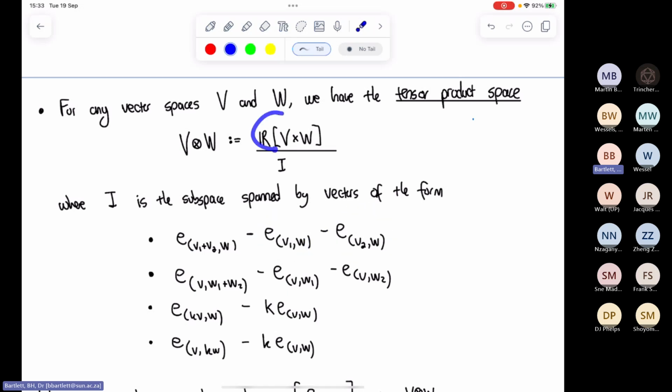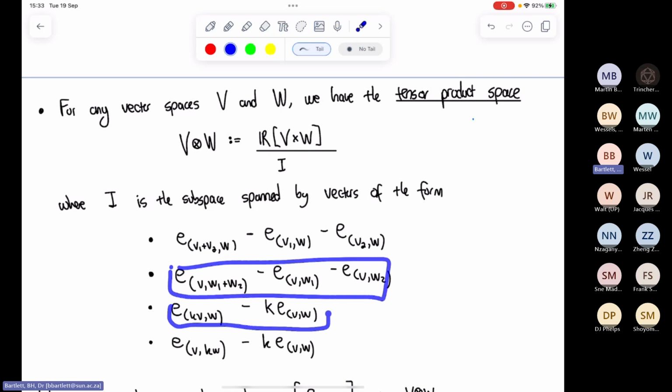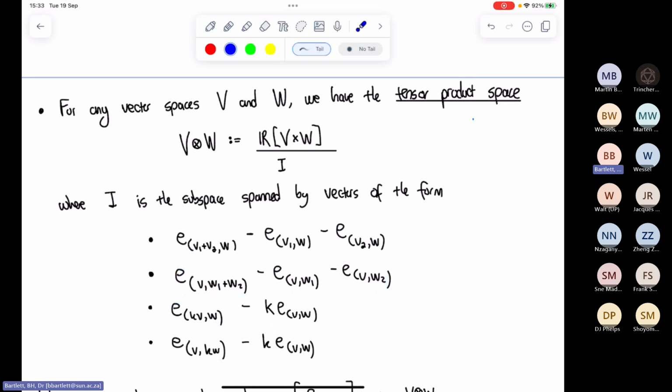Since I'm living in this space here, I can take formal linear combinations of these vectors, right? And I consider this, and similarly, this one here, and this one here. I can consider the subspace spanned by these vectors. So that's again some massive infinite dimensional subspace of this massive infinite dimensional space. And I take the quotient of those two, and that's the tensor product of V with W.